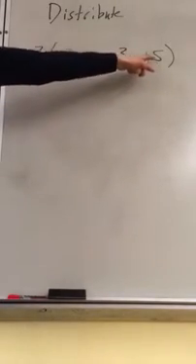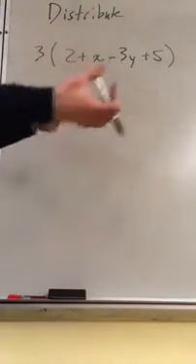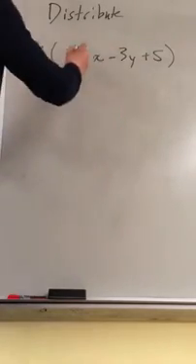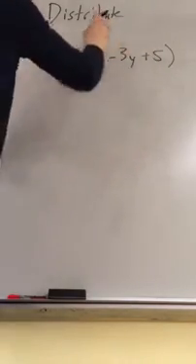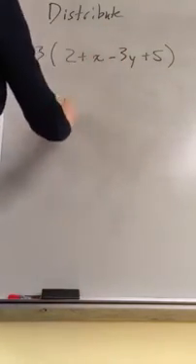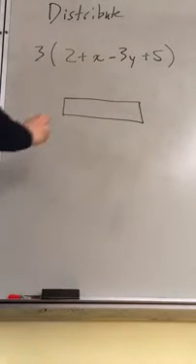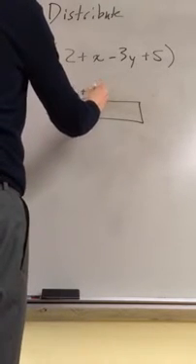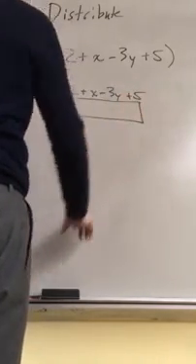Now this plus 5 is going to make things a little bit, we're going to show one more extra thing at the end because of this plus 5. And you might already see that 2 plus 5 is 7. But we're going to leave that as 2 plus 5 for right now. And we're going to do this distribute step. So draw our array and think about what goes on the side. What goes on top? 2 plus x minus 3y, then plus 5.